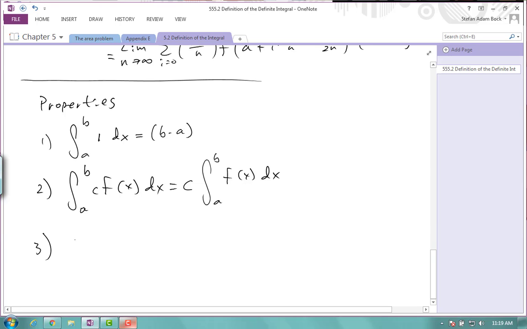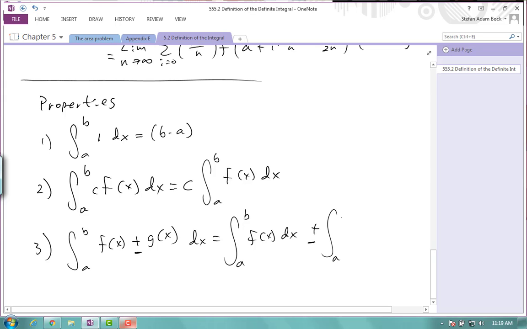And 3, if I have a sum or a difference, difference works okay. This is the same thing as the sum of the separate integrals. Difference is okay. A to b, g of x dx.